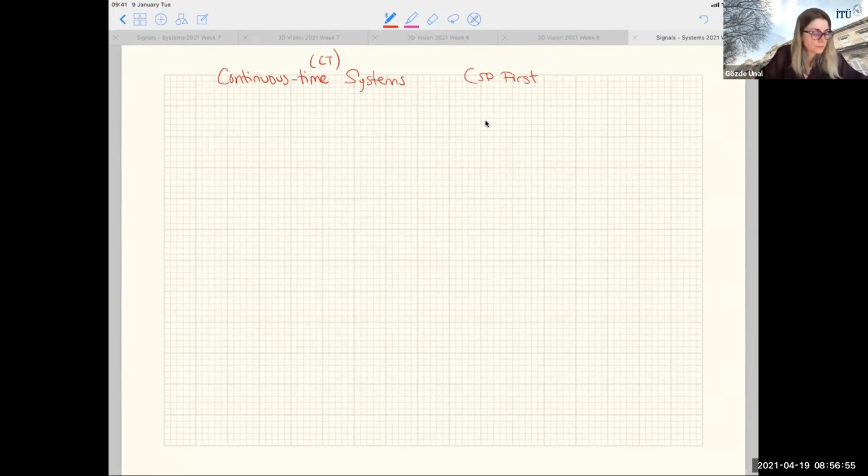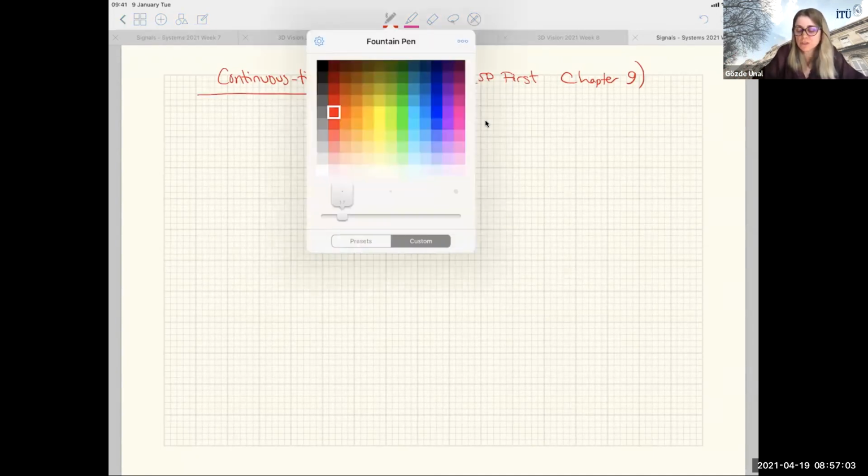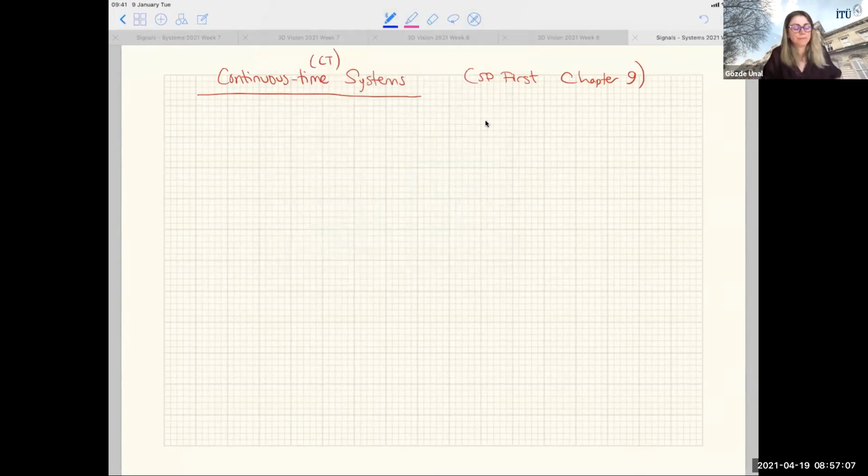This was chapter 9, I think. But almost everything is the same, only the delta function we will define now, and convolution is a continuous operation. Other than that, many properties are the same.